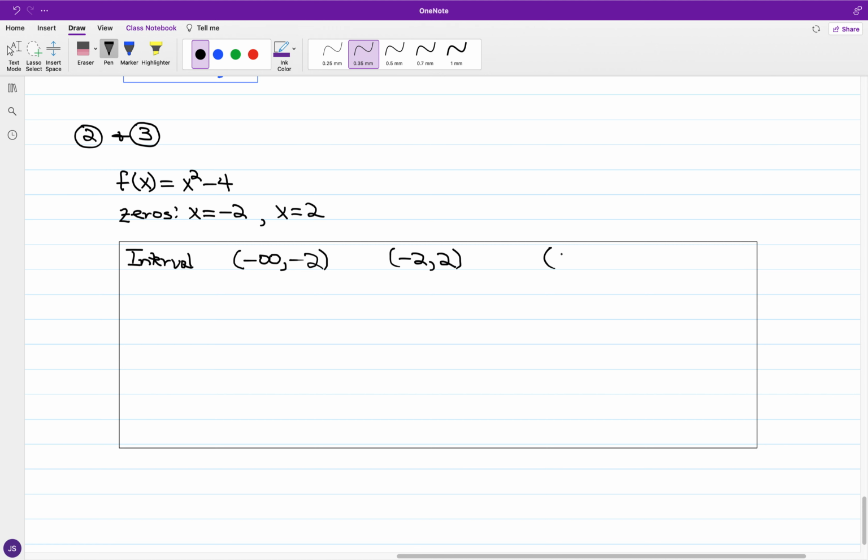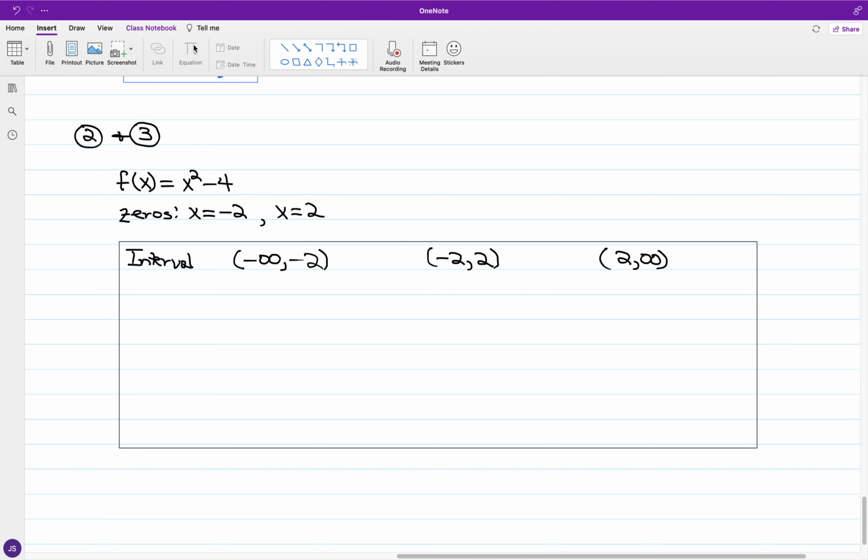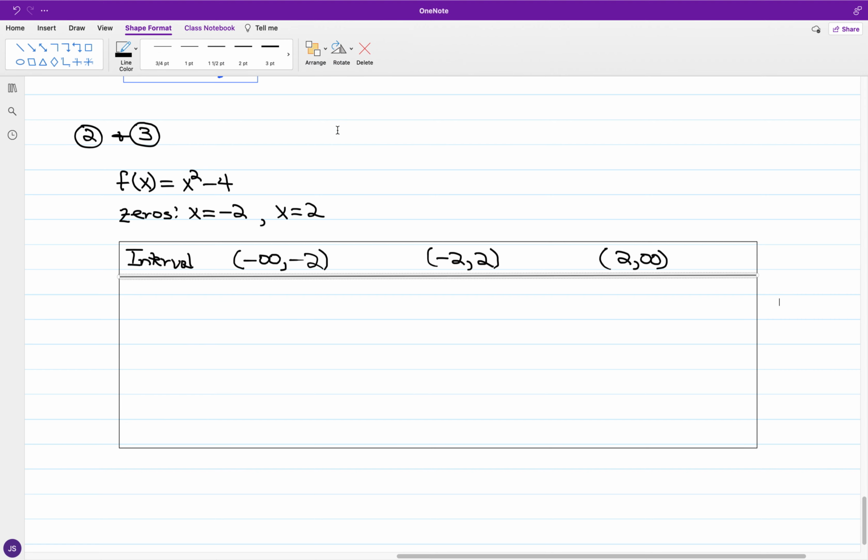And for the rest, we have those values of x which will be greater than 2. And we're going to test each of these interval subsections.